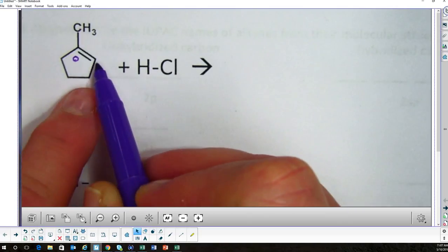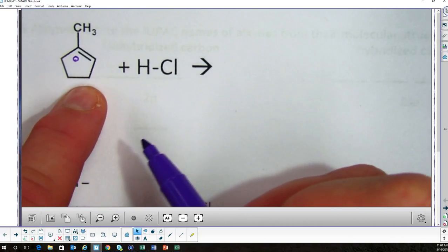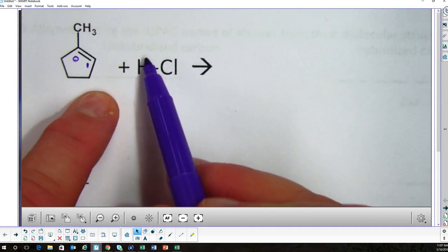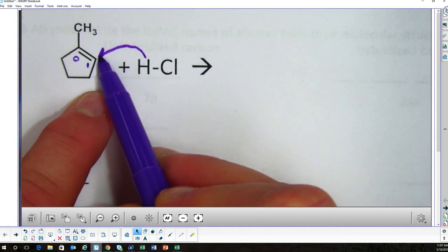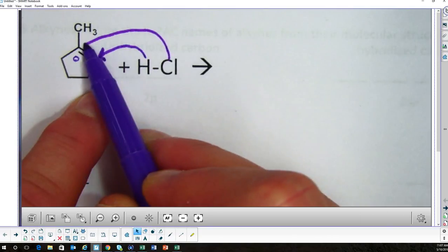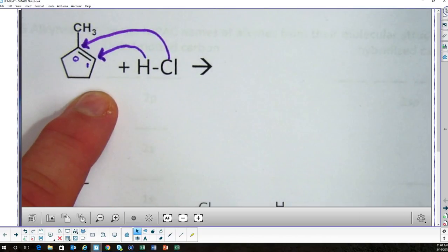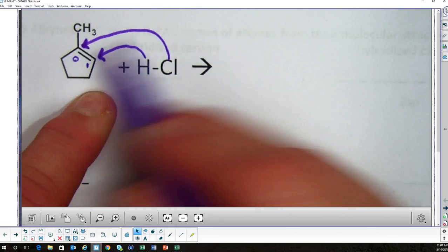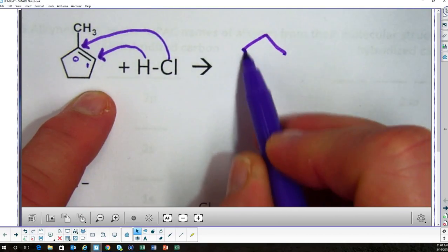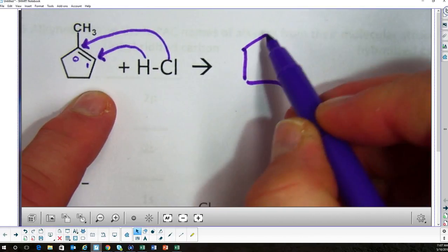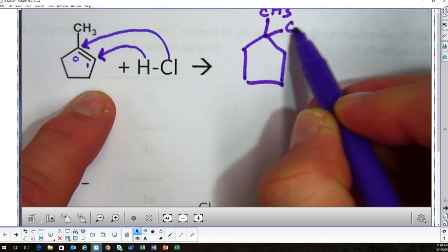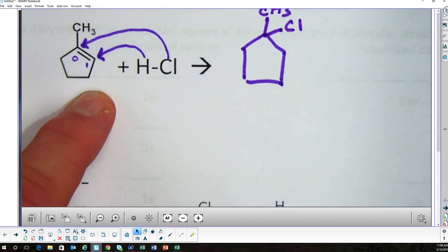What about on this side? This one has 1. So this hydrogen is going to come onto this carbon, and this chlorine is going to come onto that carbon. Okay, that's Markovnikov's rule. So as I redraw it, the double bond goes away. I redraw it with my pentagon, and I'm going to have a CH3 and a chlorine attached there, and I'm done.